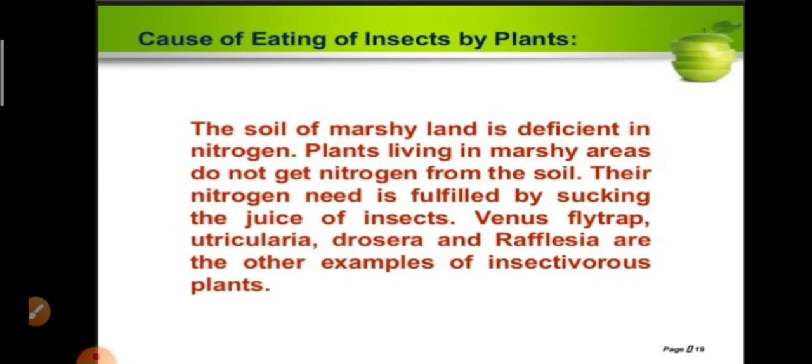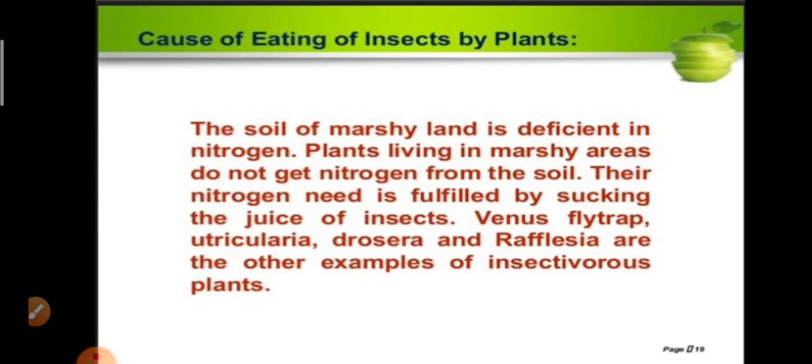Okay, the plants which grow in marshy land face a deficiency of nitrogen. They cannot get nitrogen from the soil, so there is a need of nitrogen. To fulfill that need, they suck the juice of insects.